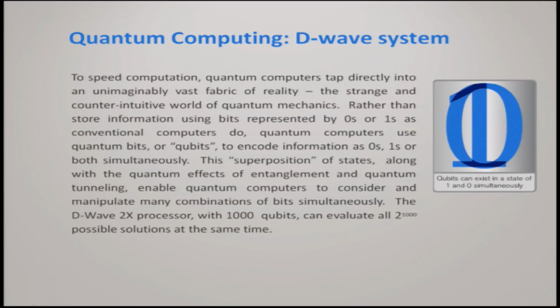The superposition of states, along with the quantum effects of entanglement and quantum tunneling, enable quantum computers to consider and manipulate many combinations of bits simultaneously. The DWave 2X processor has 1000 qubits and therefore can evaluate 2 to the power 1000 possible solutions at the same time.